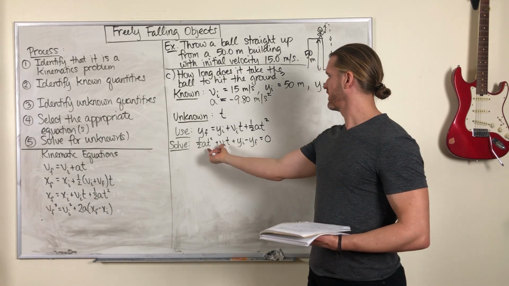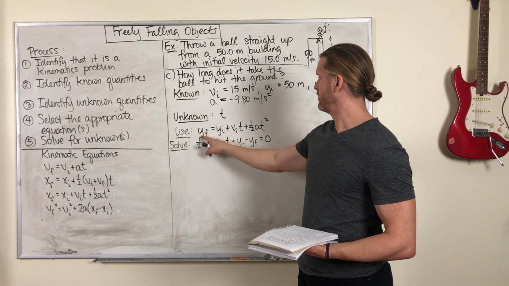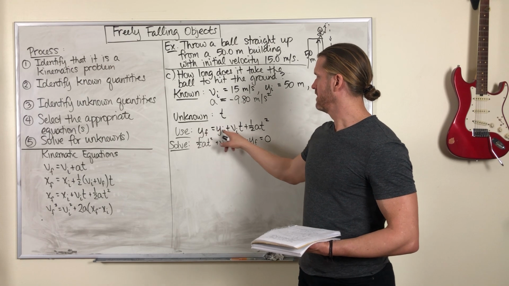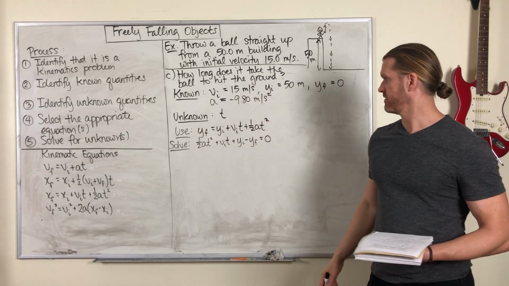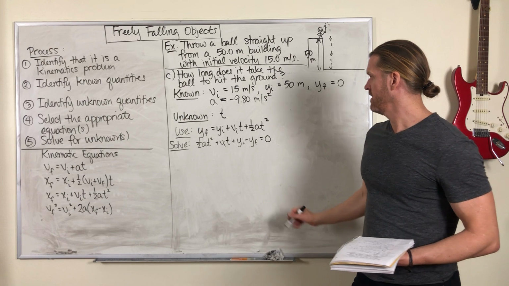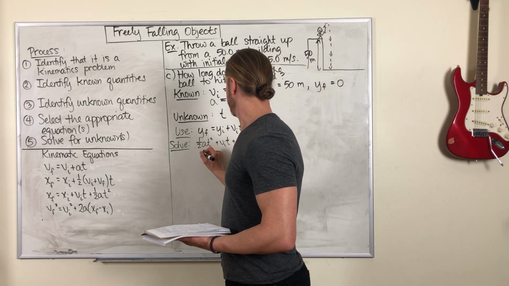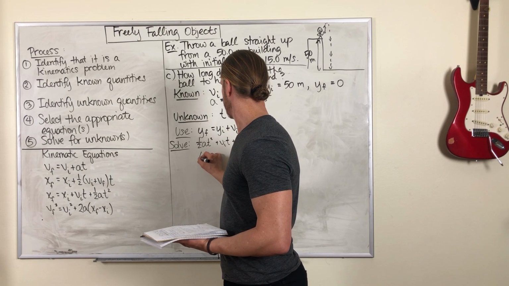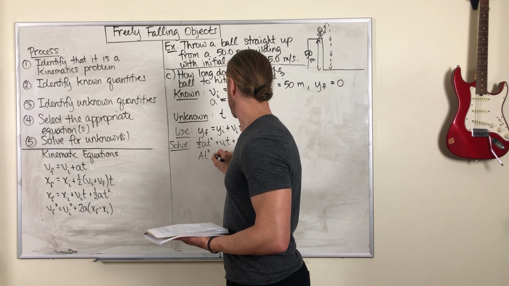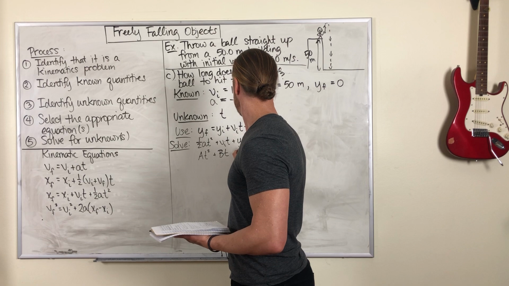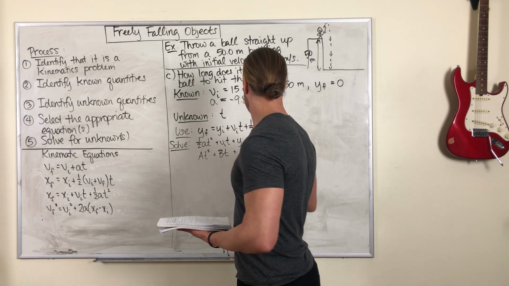So I wrote things in a different order, and I moved y final to the other side of the equation. So this looks like it's in the format a t squared plus bt plus c equals 0.